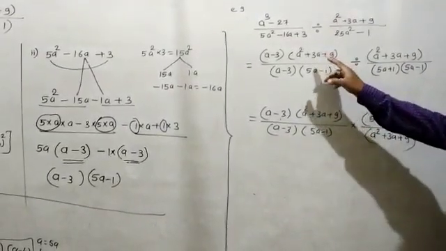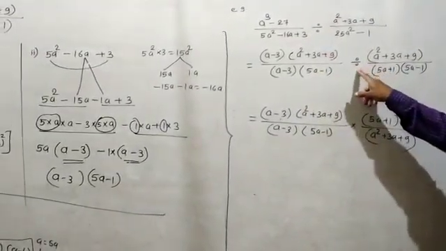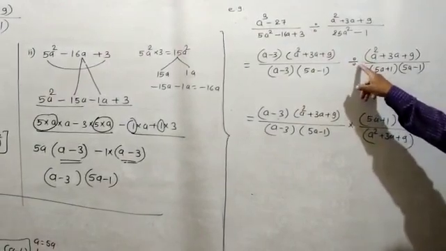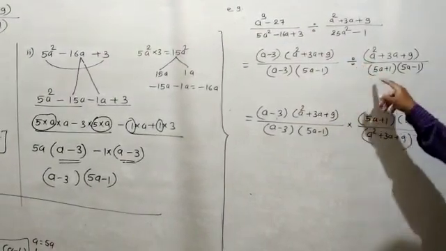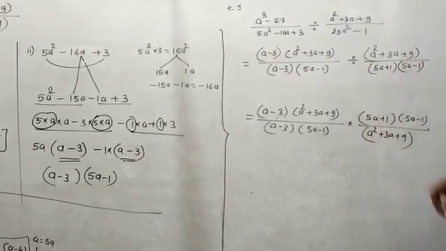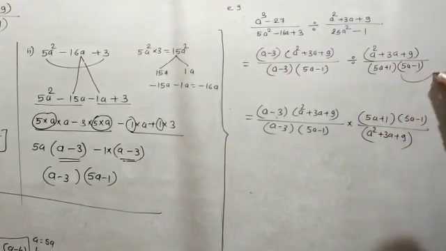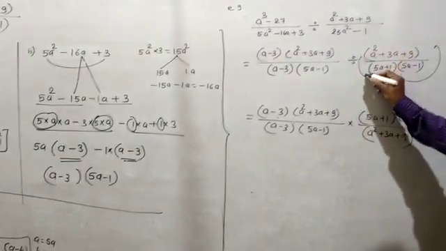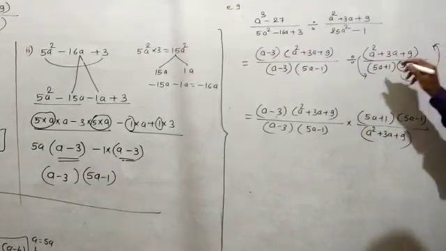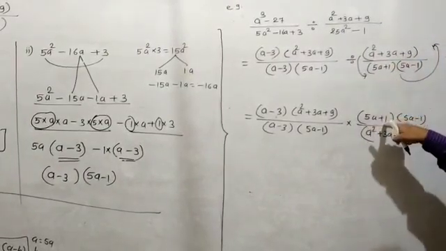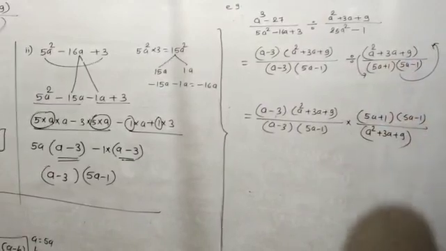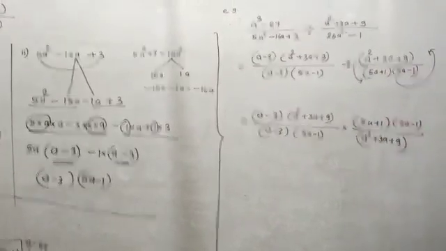Then write this division in the form of multiplication. The opposite of division is multiplication, and you have to write it in reciprocal form: the denominator goes to the numerator and the numerator comes to the denominator. After that, see which are the like terms.